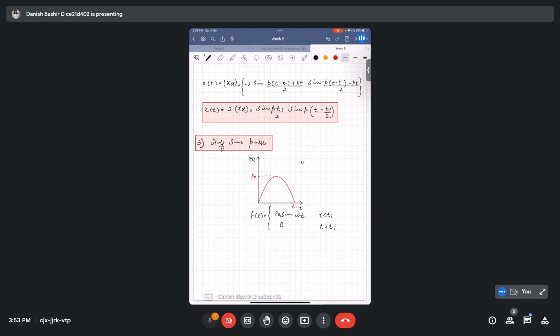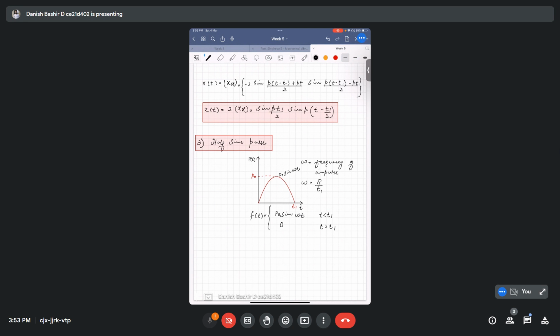And omega here I am writing as the frequency of impulse, or frequency of forcing function, whatever you call it. So it is p naught sine omega t, the force acting on our system. Since it is only a half sine pulse, we can write omega as pi by t1. If it was a full sine pulse, it would have been 2 pi by t1.